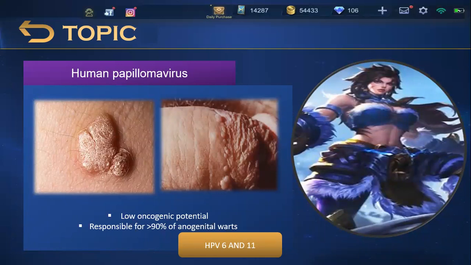This picture shows HPV 6 and 11, which have low oncogenic potential and are responsible for more than 90% of anogenital warts. HPV types 6 and 11 are considered the low-risk genital types.